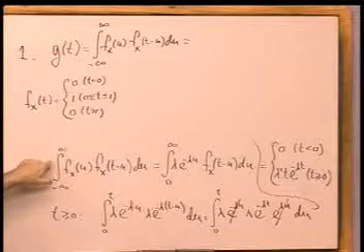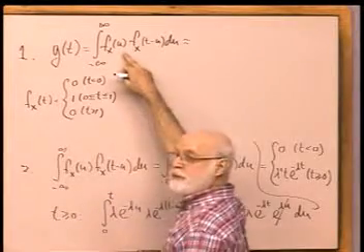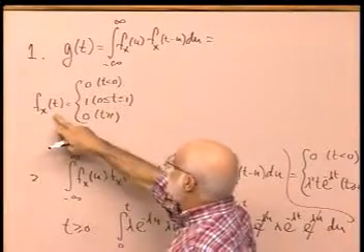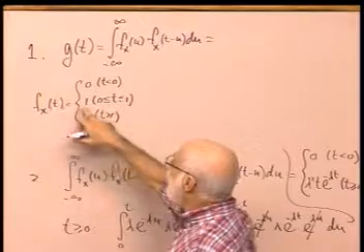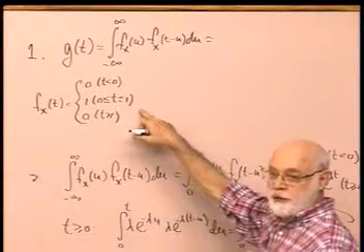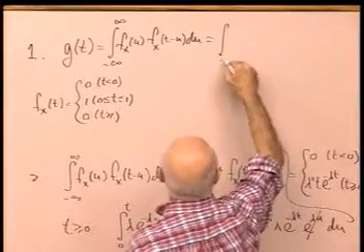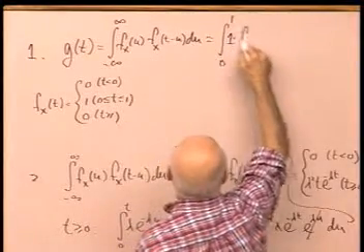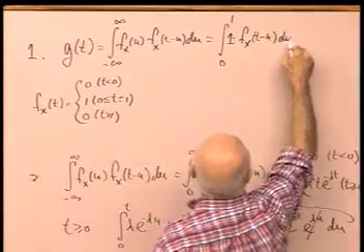And the first thing to see here, the step I'm going to make, is to say, well, when u varies between minus and plus infinity, f of u, according to this definition, because remember f of u is just this with t replaced by u, this is 1 when u lies between 0 and 1, and it's 0 everywhere else. So that means I can immediately rewrite this as the integral from 0 to 1 of 1 times f of t minus u du.